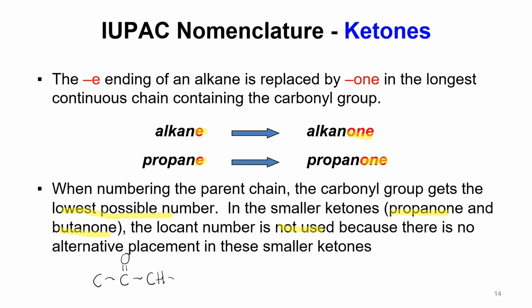This is the propanone structure. How about butanone? Butanone has 4 carbon atoms and double bond O at carbon number 2, either left or right side. In these two structures, the locant number is not used.